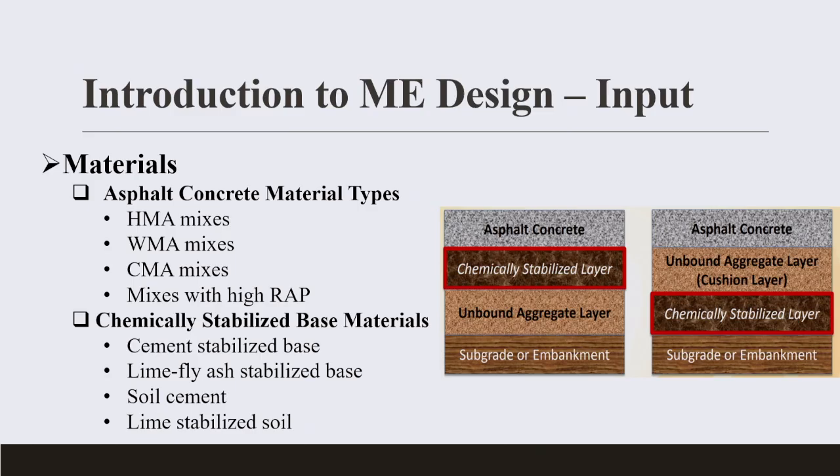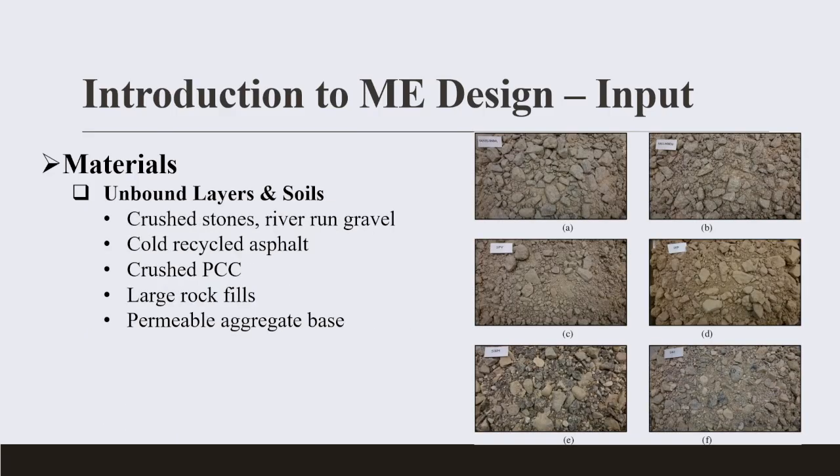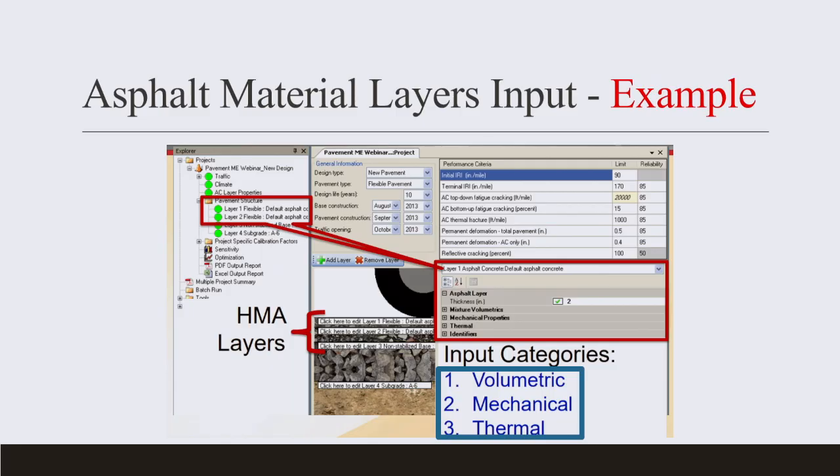If now we have chemically stabilized materials available, all this can be inputted into the system. The unbound material, I talked about AASHTO, we had two, am I right? Now you have all these combinations, even some of the unbound soils have changed, we have recycled, and all those things can now be inputted into the material.